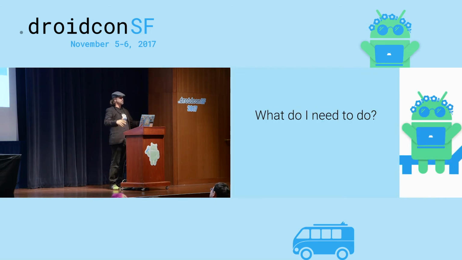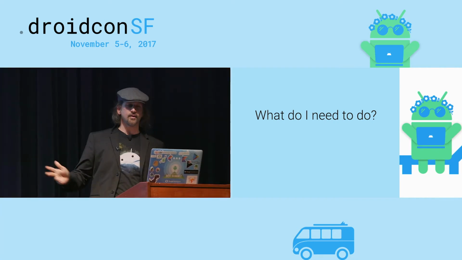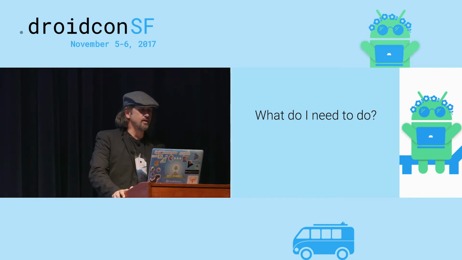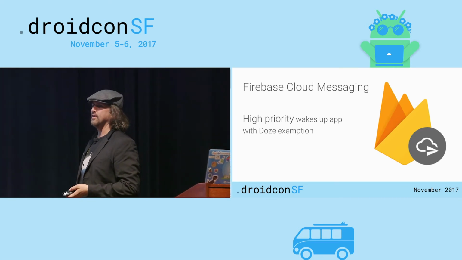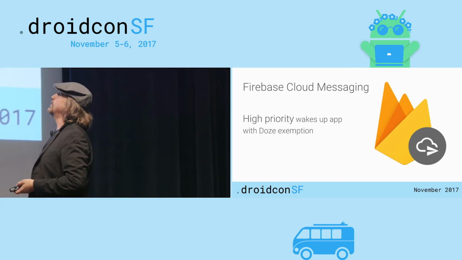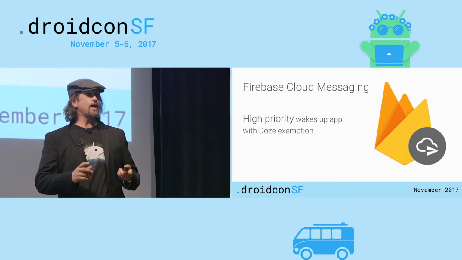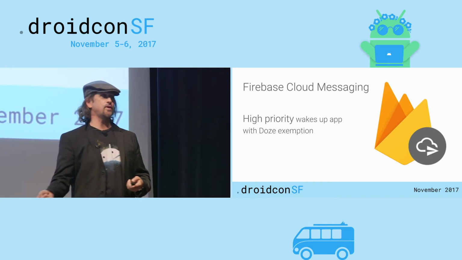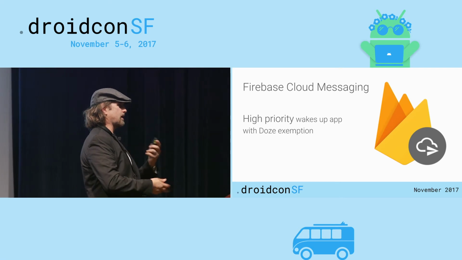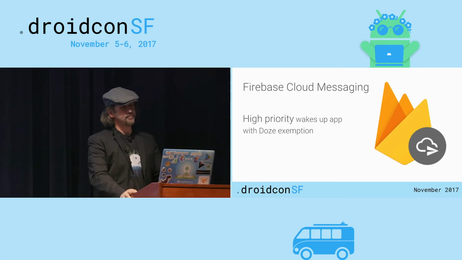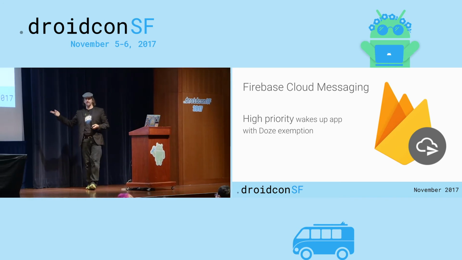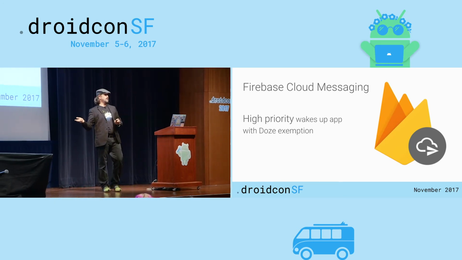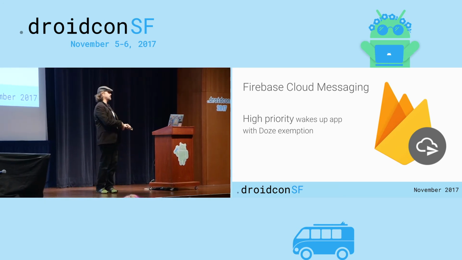All right, so what do you need to do about this? Again, we've talked a lot about users, but first of all, Firebase Cloud Messaging is another interesting one. If you use a high priority message, you can actually launch a background service, because these things are all tied together. Anything that is exempt from Doze, like a high priority message, is also exempt from background service limitations.